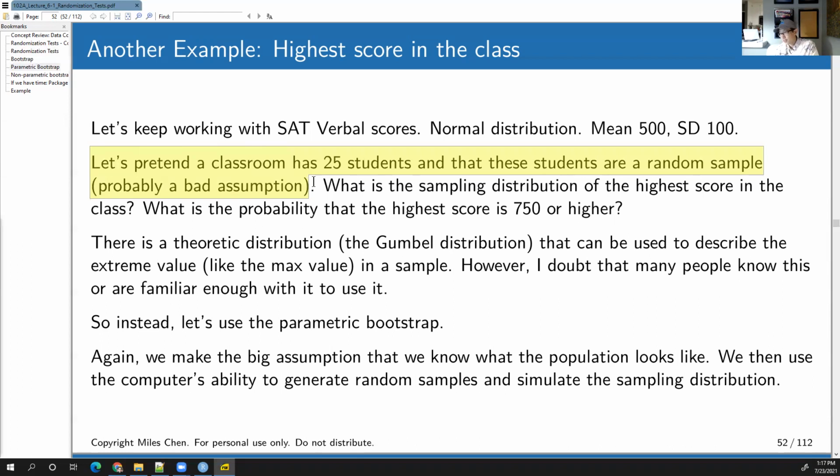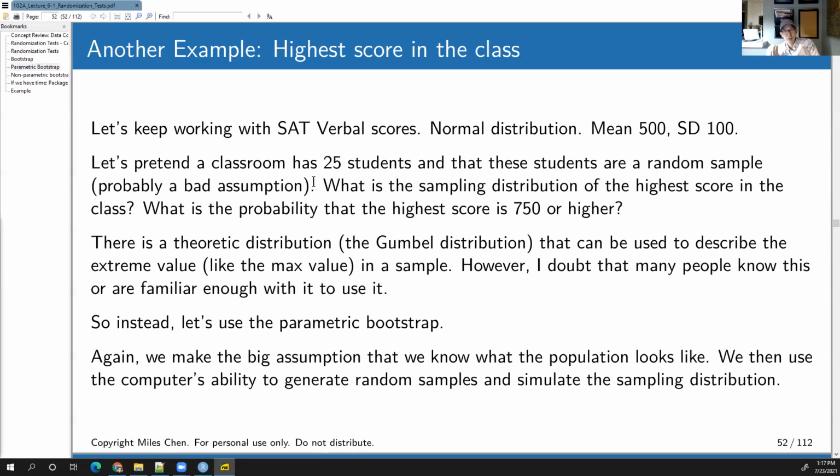Here's another example. Let's pretend you have a classroom, a group of say 25 students, and we're going to assume that this is a random sample of 25 students. This is probably a bad assumption because most schools don't put students randomly. They kind of group students together. So what would be the sampling distribution for the highest score in the class?